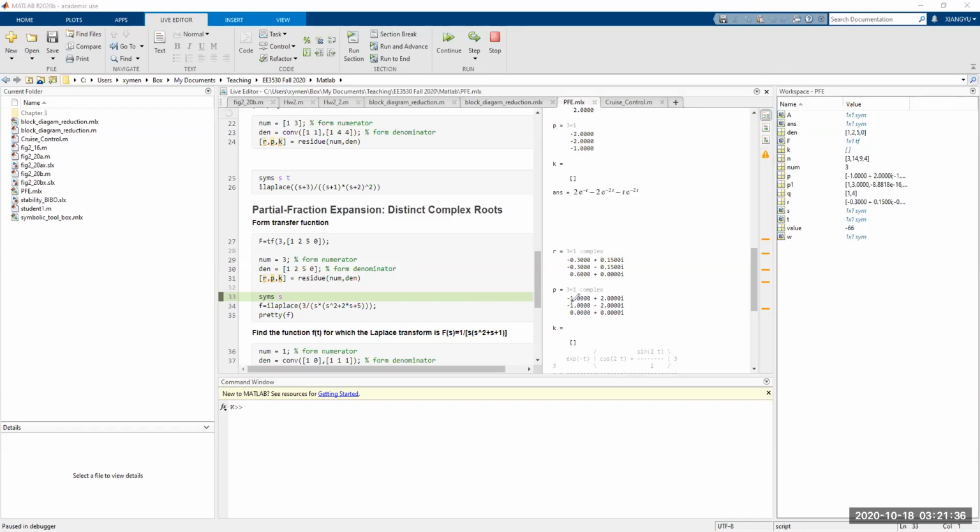For this one, we have s plus 1 minus 2j, and the coefficient is minus 0.3 plus 0.15j, then plus s plus 1 plus 2j, and the coefficient minus 0.3 minus 0.15j. Then we have s, with coefficient 0.6.